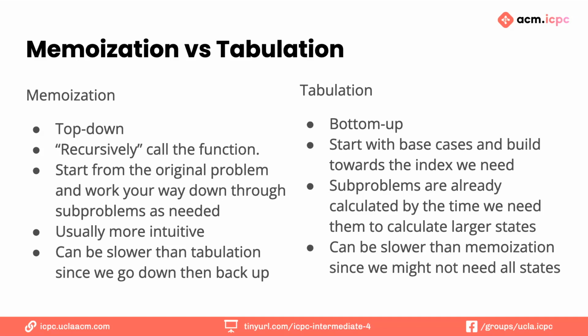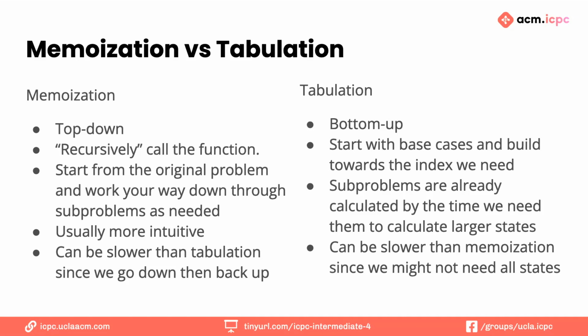But the tabulation way of going from the bottom up is also really convenient in a lot of cases, where it's a lot easier to transition from the values that you already know and just keep building a larger value. And especially once your states get really complicated, for example, if there's more than one variable you need to keep track of in your state, a lot of the times using this bottom up approach is simpler to implement.